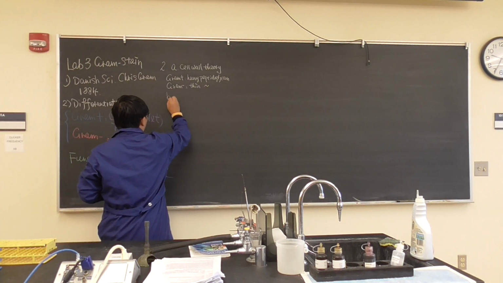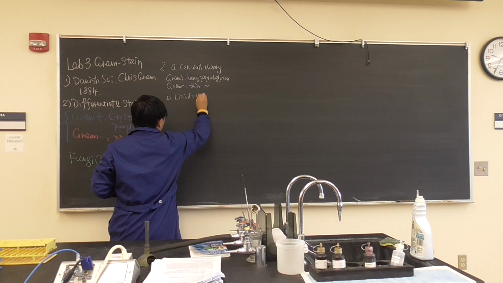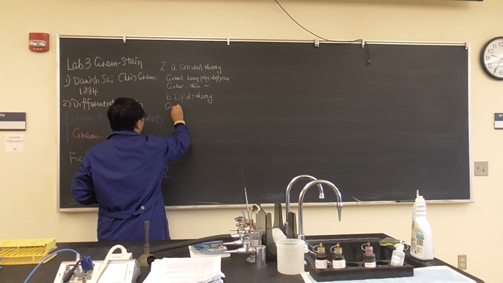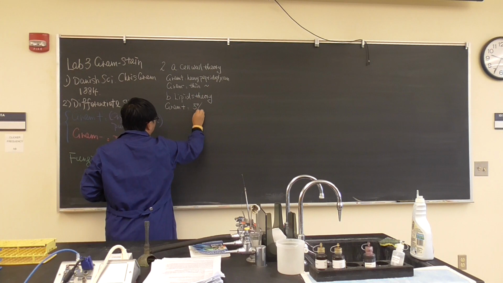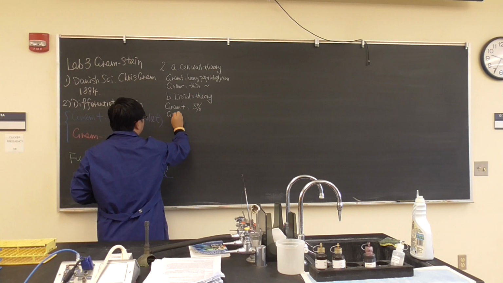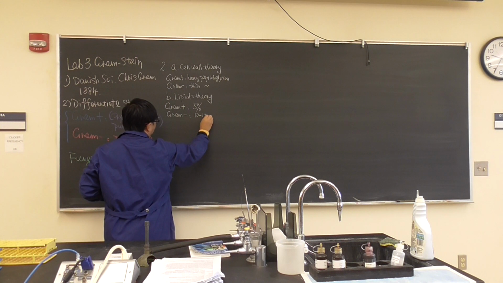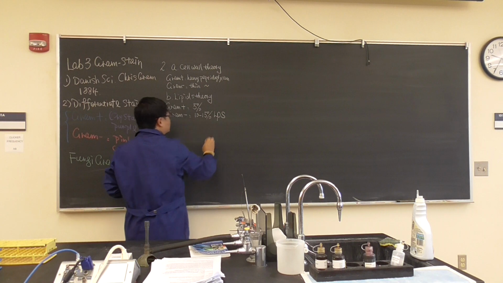The second theory, we call it the lipid theory. This is something you may not have heard about before. In gram positive bacteria, the lipid amount is about 5%. And in gram negative bacteria, the lipid amount is about 10 to 15%. The reason is that gram negative bacteria have lipopolysaccharides in the outer layer.